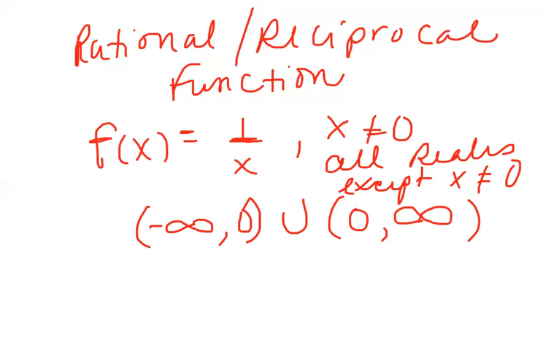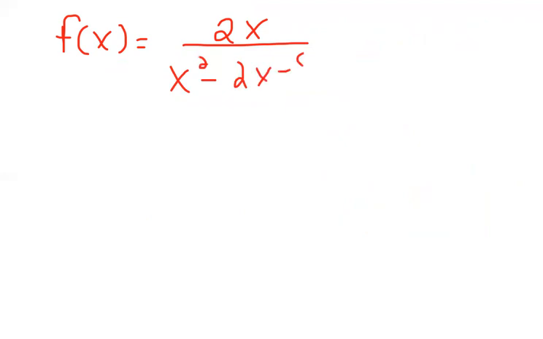Now, here's the problem, guys, you are going to see on the test. And this one right here is a rational function, f of x is equal to 2x over x squared minus 2x minus 8. So on this one right here, guys, it's a rational function.